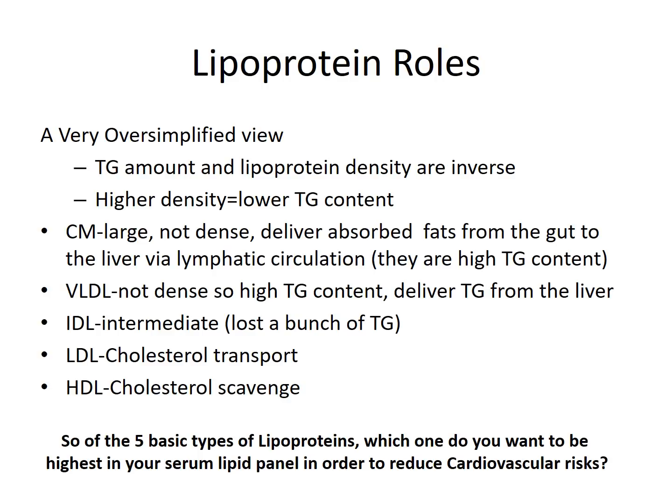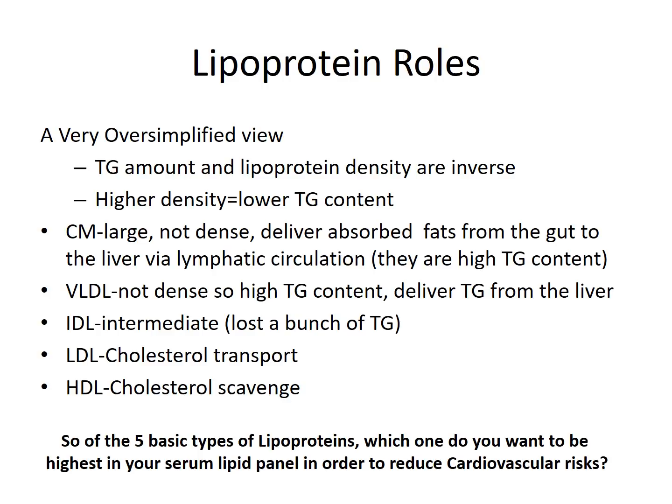They deliver fat from the gut to the lymphatic circulation to the liver. And then the ones that we see in our lipid panel are VLDL, LDL, and HDL. We want to look specifically at LDLs and HDLs. LDLs are transporting cholesterol around the body, and HDLs are scavenging cholesterol from the body.